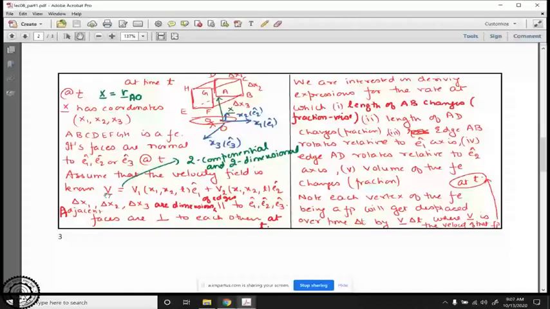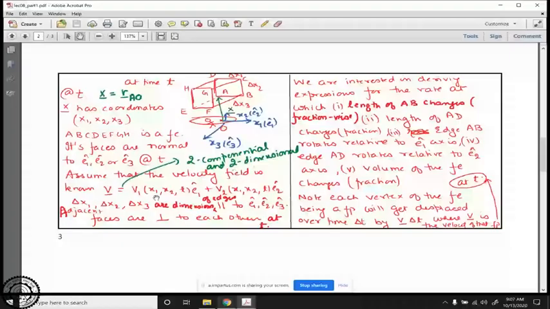Now, for simplicity, to keep the algebraic complications less during this class, I will assume that the velocity field that is existing is 2-componential, which means that it does not have a V3 component. And I'm also assuming that it is 2-dimensional.